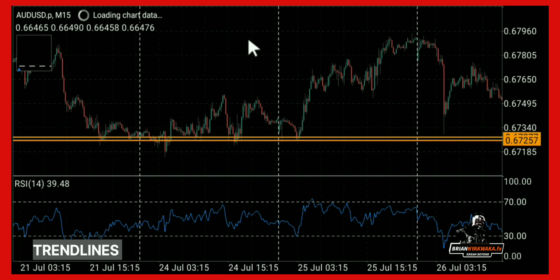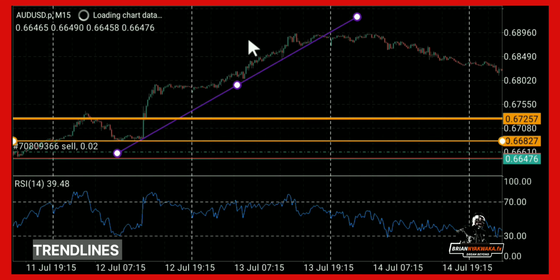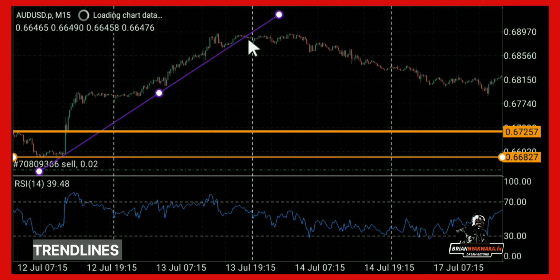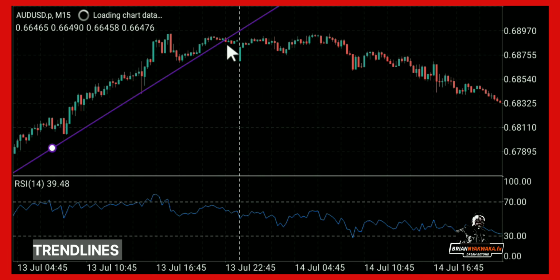See, the price passed and closed below our trend line, giving us a signal that there is a possible reversal. And then you wait for the candlestick to confirm that what is coming up is a reversal.